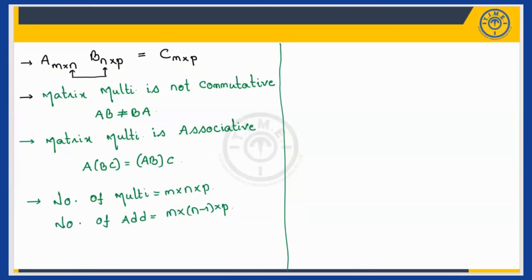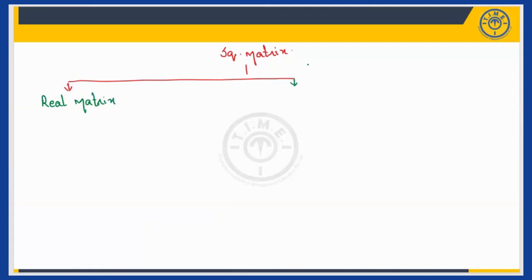And again, when we talk about matrices, especially a square matrix, there are two types of matrices. One is a real matrix and another one is a complex matrix. That means if all the elements of the matrix are real numbers, then it is a real matrix. And if all the elements of the matrix are complex numbers, then we say it is a complex matrix.